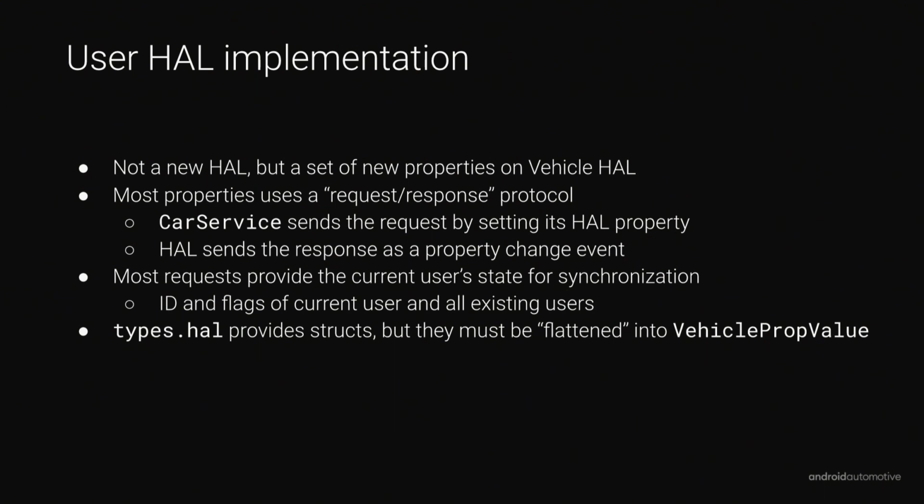So we have some well-defined objects for this protocol, but they have to be implemented in the existing vehicle HAL, which means car service is going to be setting some properties on the HAL, and then the HAL is going to respond by sending a property change event with the response. Even though we have what I call rich objects that define this protocol, they still have to be flattened into the vehicle property value. So we need to convert that, as we'll see next.